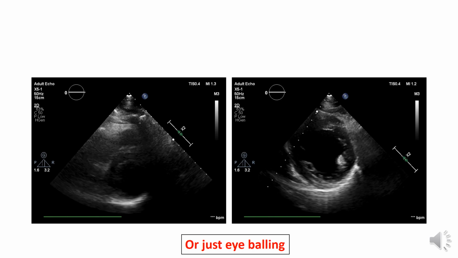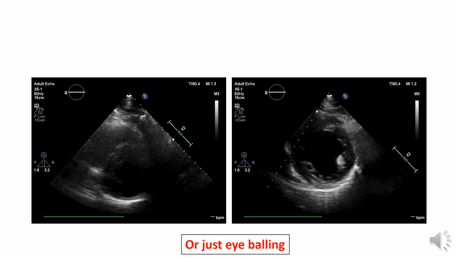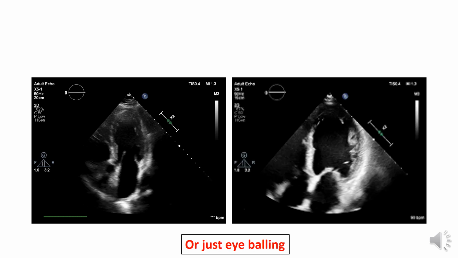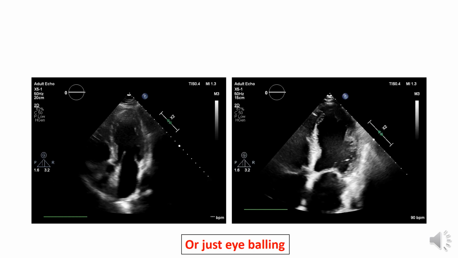In case of cardiogenic shock, you will have a severely impaired ventricle most probably. So just by eyeballing, you can appreciate that in this short axis view, this ventricle has a good LV systolic function, while this ventricle is almost standstill. Same patient at the apical four chamber view.